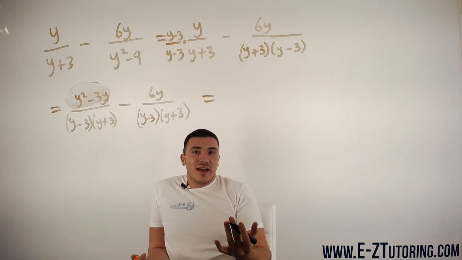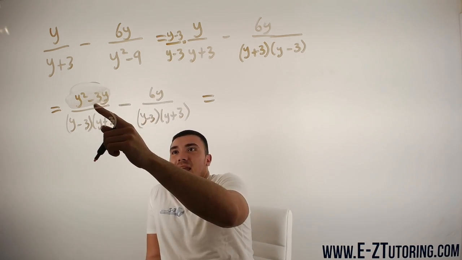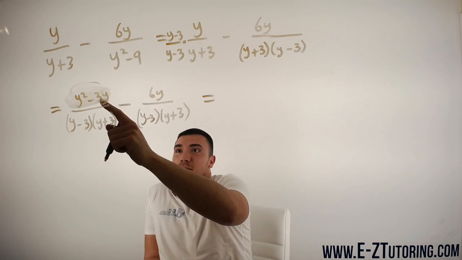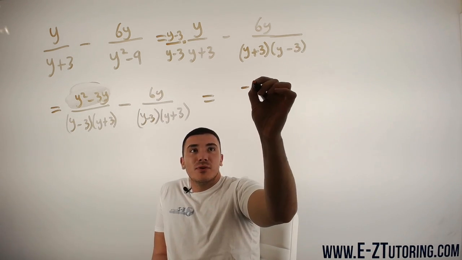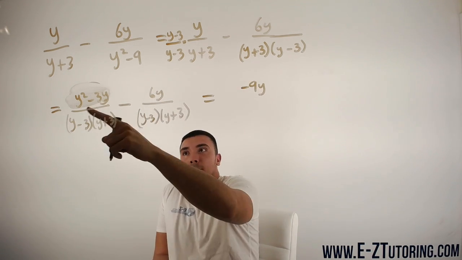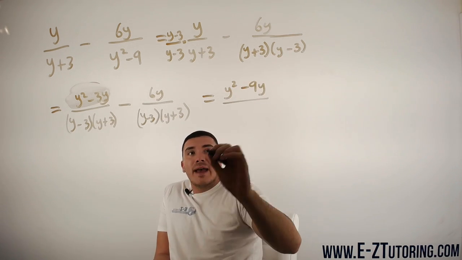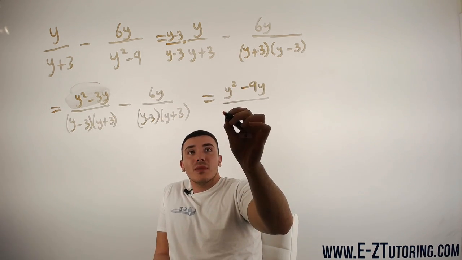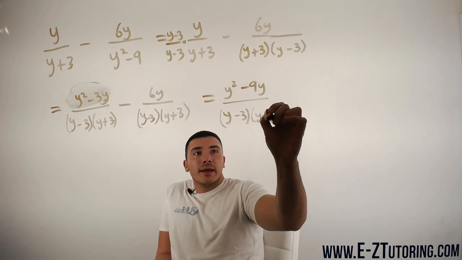Whenever you subtract fractions, you just subtract your numerators together. And you want to combine like terms, so minus 3y minus 6y gives you negative 9y. Bring over the y squared, and then we have on the bottom y minus 3, y plus 3.